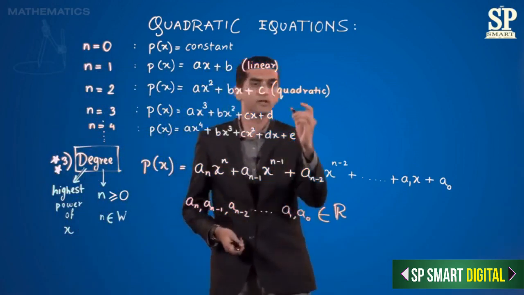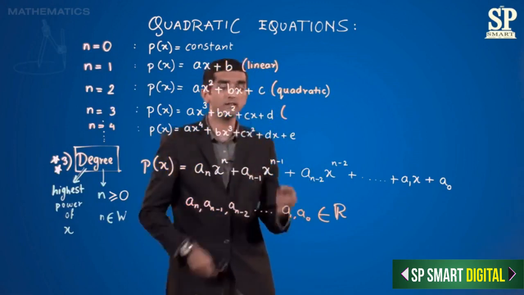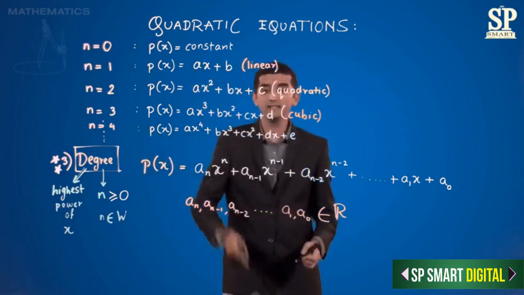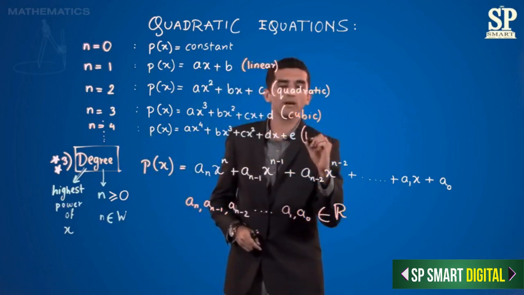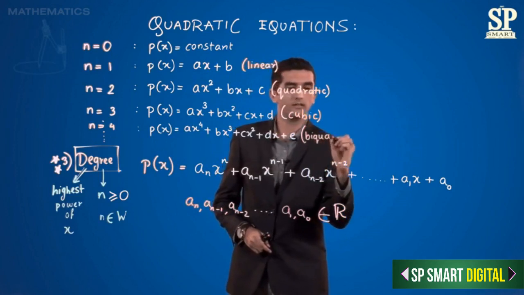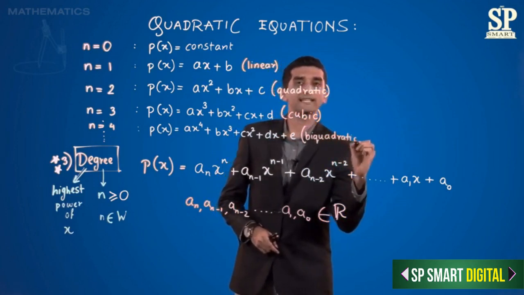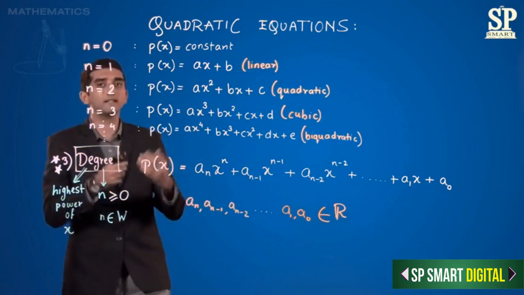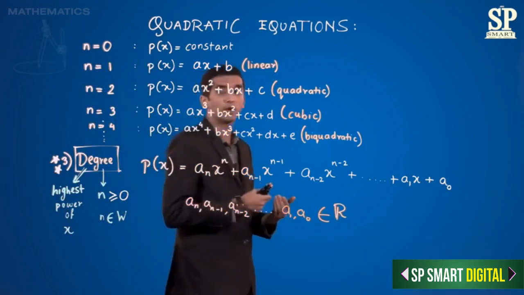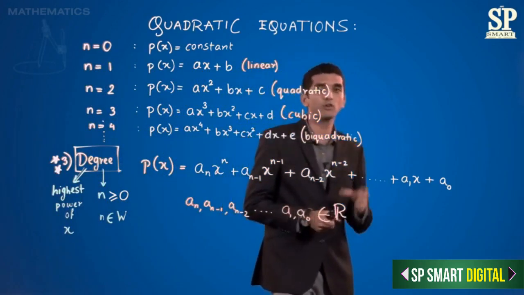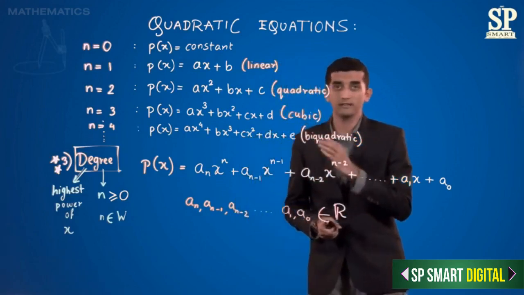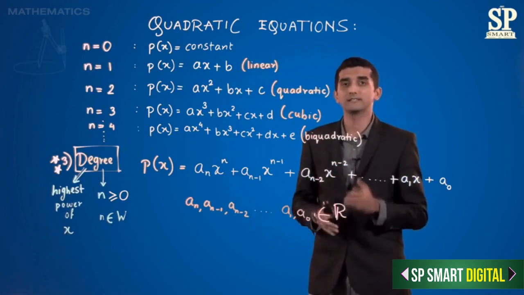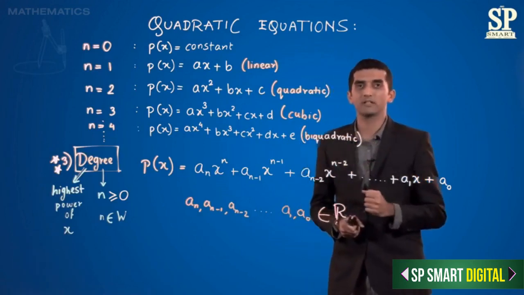From the name point of view, the polynomial with degree 3 is called the cubic polynomial, and this one is called a biquadratic polynomial because the degree is 4. So this is how the general polynomial is translated into different types of polynomials on the basis of the classification of degree n, where n, the degree of a polynomial, is nothing but the highest power, the highest index that x takes in that particular polynomial.